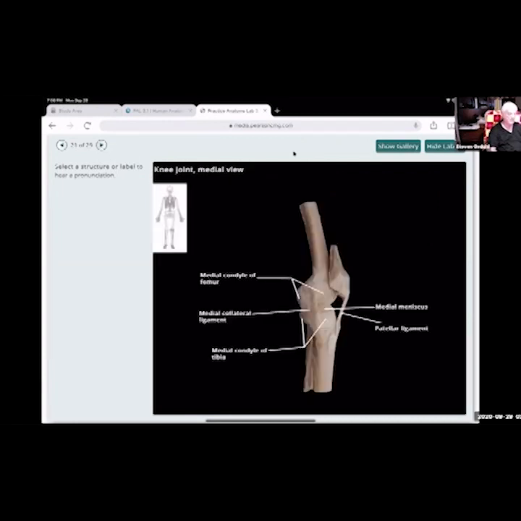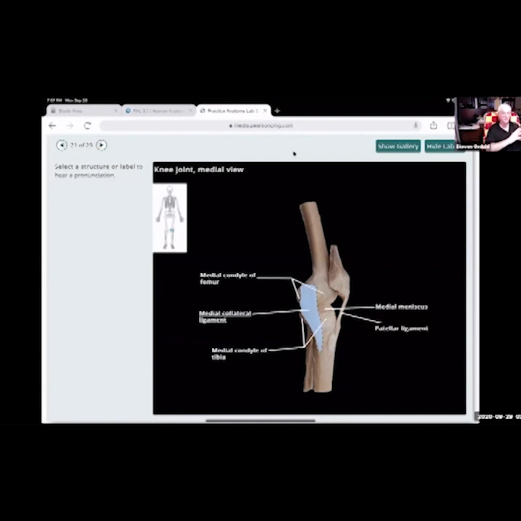This is the medial, if you look at the medial side of the knee. Okay. You get the medial condyle of the femur. As it comes down, you got the medial collateral ligament. Again, the medial collateral ligament connects the femur bone to the tibia bone on the side of the knee.